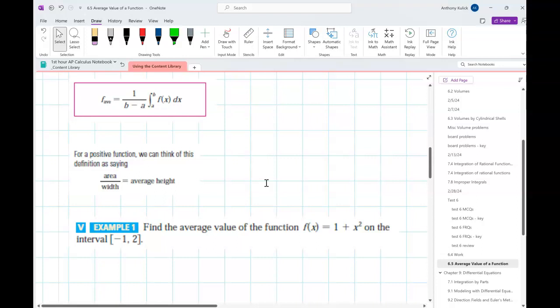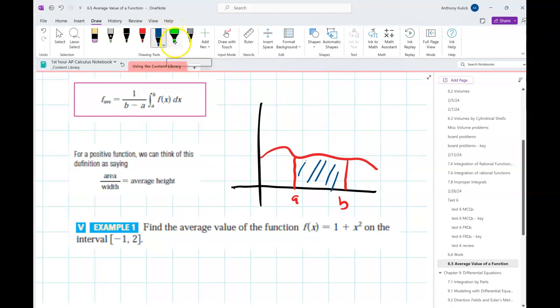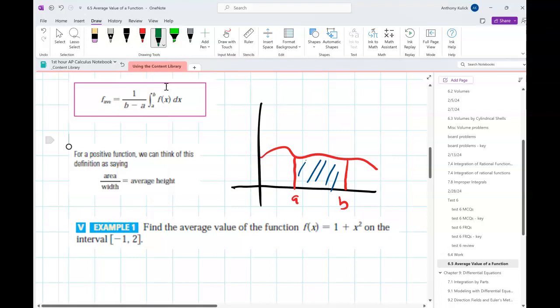So if we think about this graphically for some positive function, say we have this is a and this is b. Actually, let me draw a better picture than this.